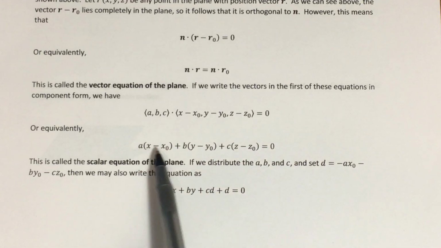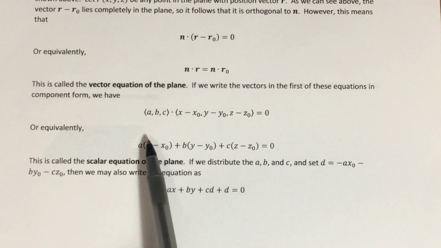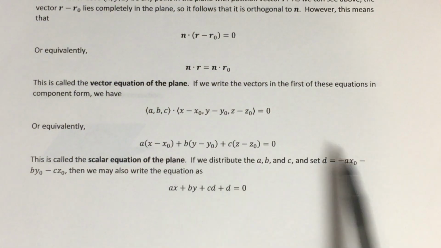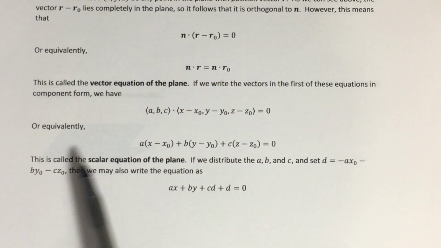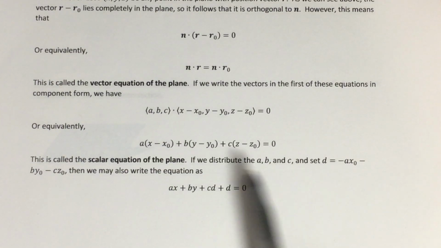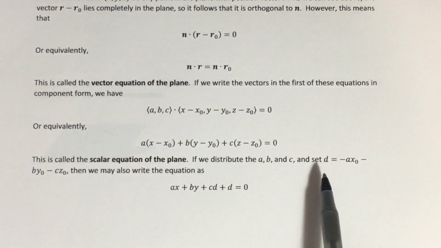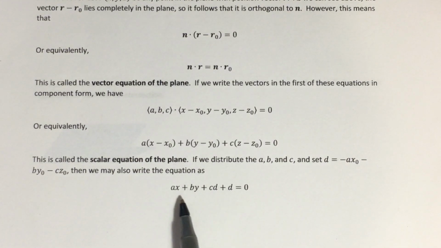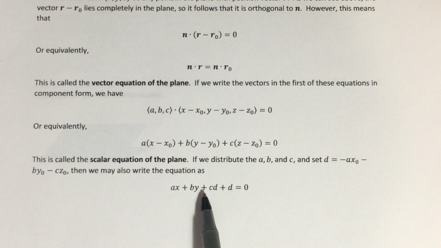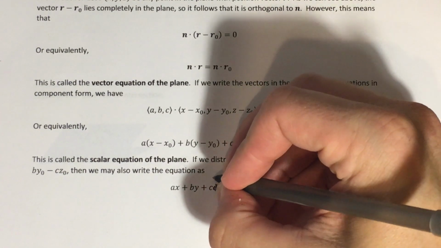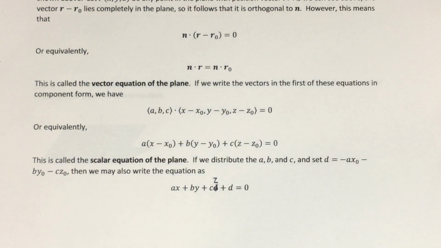So if I distributed the a, b, and the c into the set of parentheses here, and then collected all of those constants, which would be negative a x naught, minus b y naught, minus c z naught, and just call that combination of constants d, then this equation can alternatively be written as ax plus by plus cz, sorry, that should be a z, plus d equals 0.